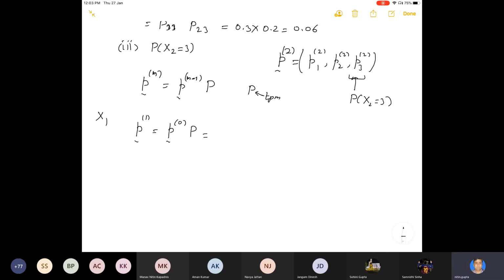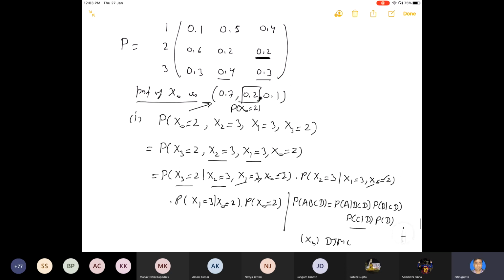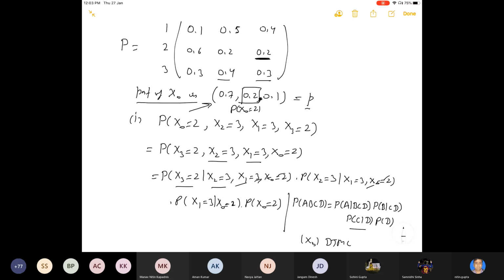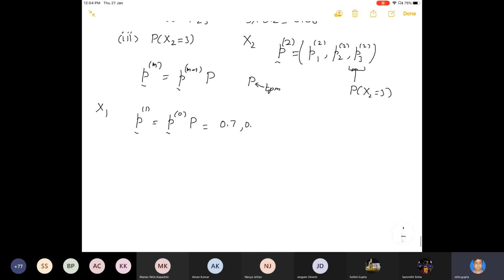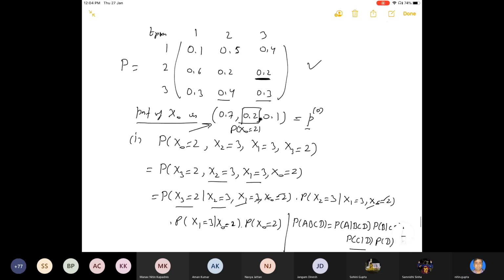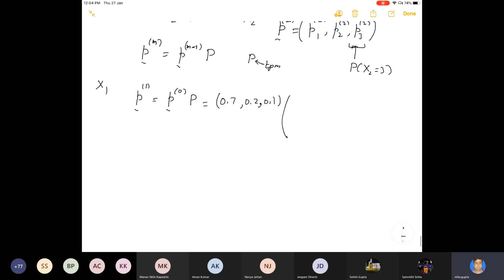P0 is basically for step X0, and it is given to us as 0.7, 0.2, 0.1, into the TPM that is given to us: 0.1, 0.5, 0.4, 0.6, 0.2, 0.2, 0.3, 0.4, 0.3.